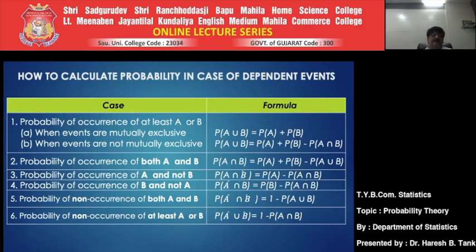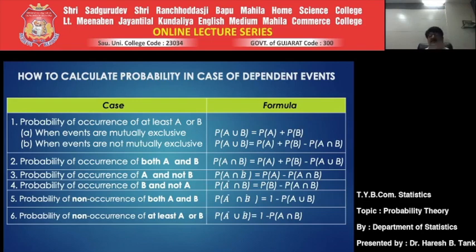Just observe the last formula, where probability of A, probability of B, probability of A union B and probability of A intersection B, all these four components are there. Just make some left hand side, right hand side changes. In the previous formula, probability of A intersection B is on the right hand side and probability of A union B is on the left hand side.